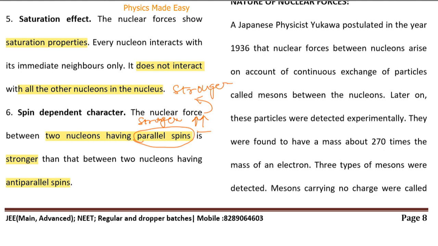Now, in case of anti-parallel spins, what is anti-parallel spin? If one spin vector direction is upward, the other is downward. These are anti-parallel spins.